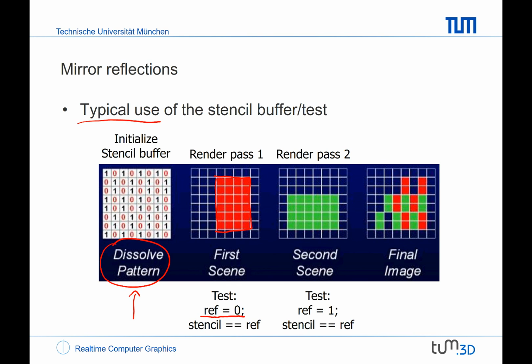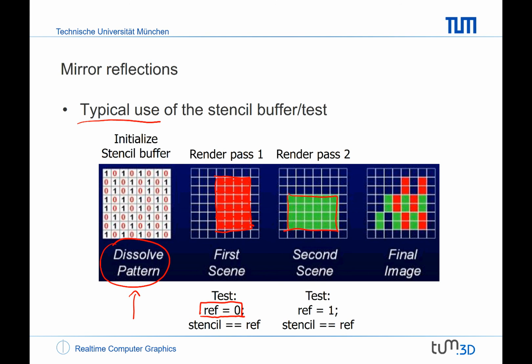So for each of the 4 by 6 fragments here, we look at the stencil values in the stencil buffer, and only where these stencil values are equal to 0 do we let the red fragments come through.